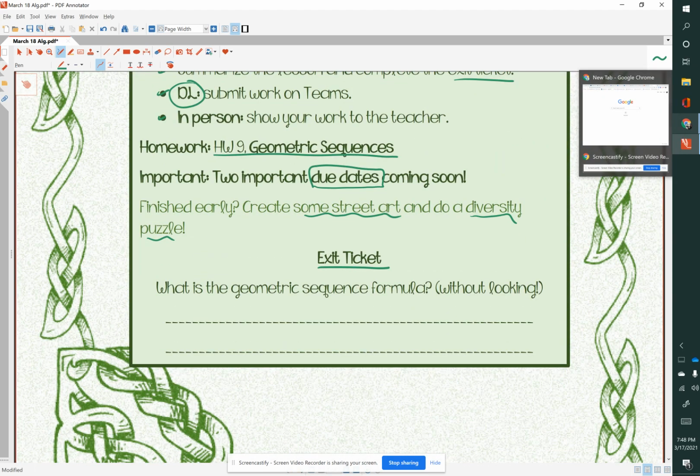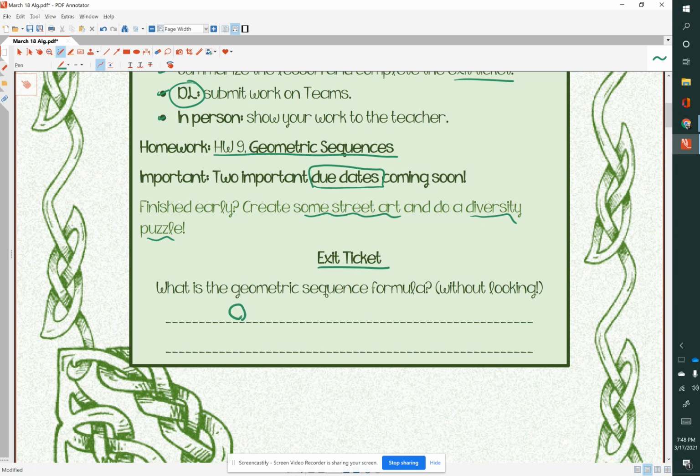So what is the geometric sequence formula? Can you do it without looking? The geometric sequence formula is A sub n equals A sub 1 times R raised to the n minus 1.